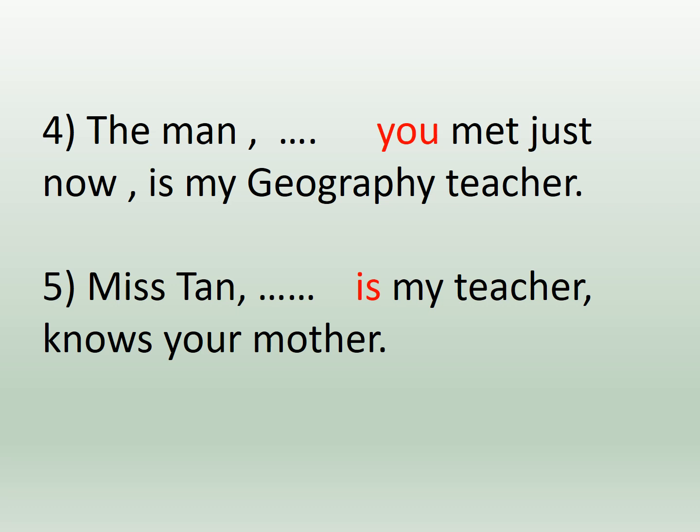So I have here not a verb, I have a pronoun. So the man whom you met just now is my geography teacher. What about number 5? Miss Tan is my teacher. So I have here a verb, not a pronoun. So Miss Tan, who is my teacher, knows your mother. Thank you, my students. I hope you enjoyed this lesson.